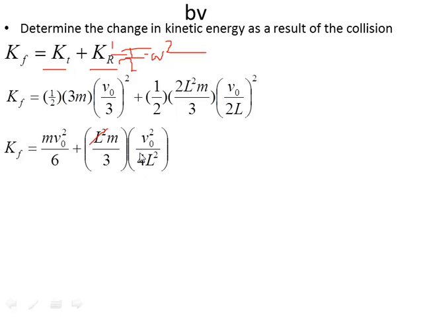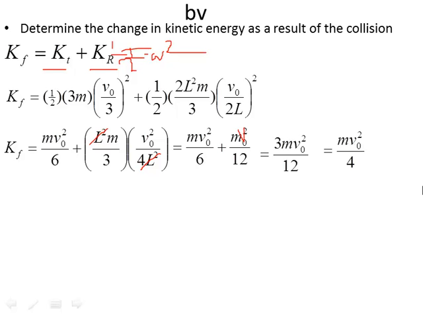So these L squareds will cancel out. And, oh, sorry, there should be a v here. So it'll be m v naught squared over 6 plus m v naught squared over 12. We can put those over the least common denominator and get 3 m v naught squared over 12. And that reduces to m v naught squared over 4.